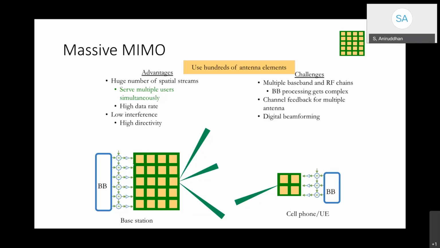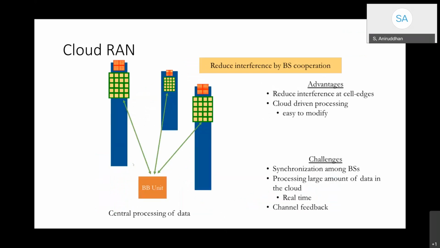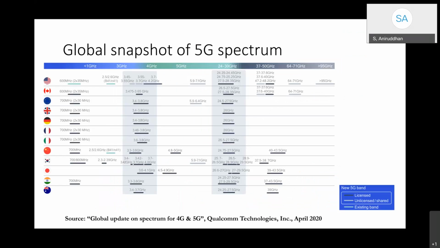So in general, the idea of cognitive radio is to avoid interference with already existing signals. Now, in my mind, I don't see a direct application to 5G systems, except for the fact that in the sub-6 gigahertz range, there are lots of bands which are already being used for 4G and 3G and so on.